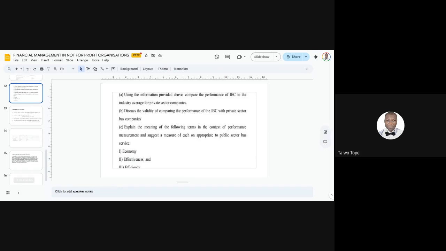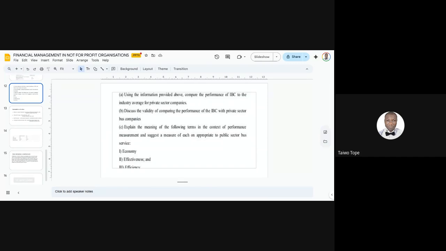Because of time, in terms of economy we said it is acquiring inputs at the lowest possible cost while maintaining quality. And what are those inputs related to this bus company? Cost per liter of fuel, average staff wage compared to the market rate, procurement cost per bus. Do you understand? These are the things you look at in terms of economy.